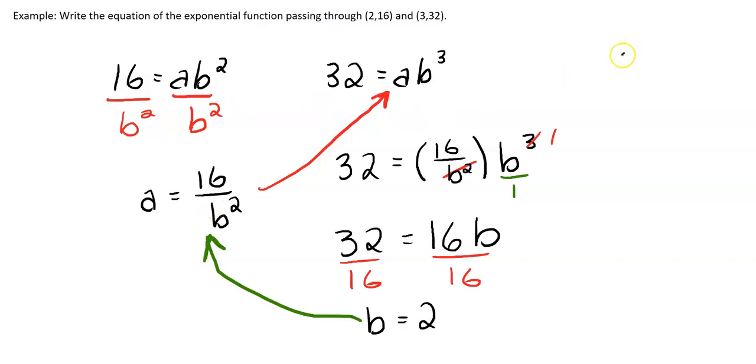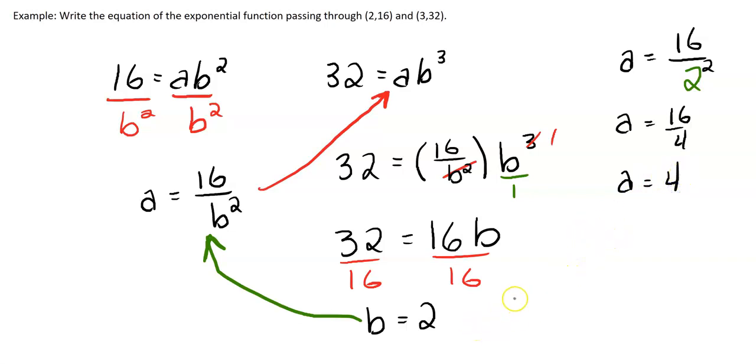So I have a equals 16 over 2 squared, and if it helps, we can do this. So that green 2 is coming from here, but 2 squared is just 4. So a equals 16 over 4, which is just 4.